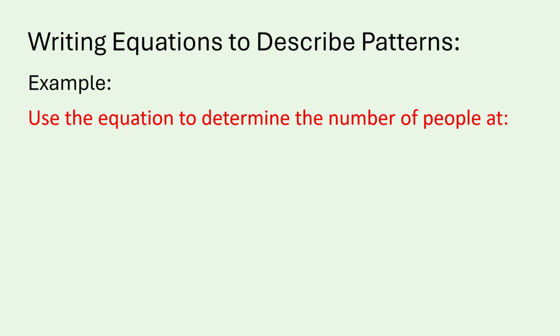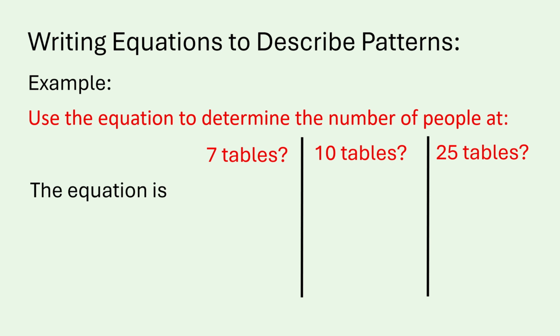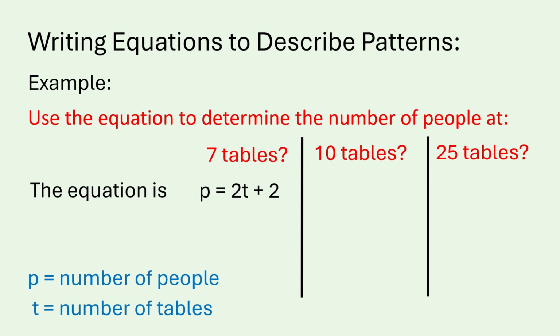Example. Use the equation to determine the number of people at 7 tables, 10 tables, 25 tables. The equation is P is equal to 2T plus 2. P represents the number of people. T represents the number of tables.